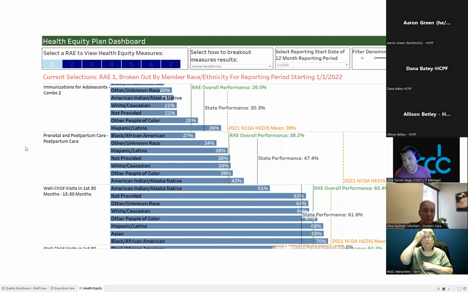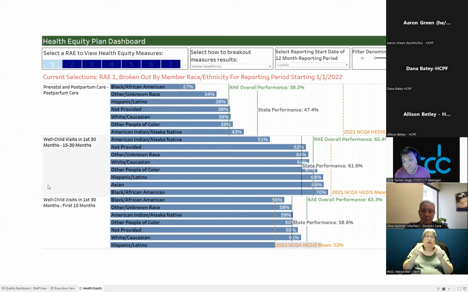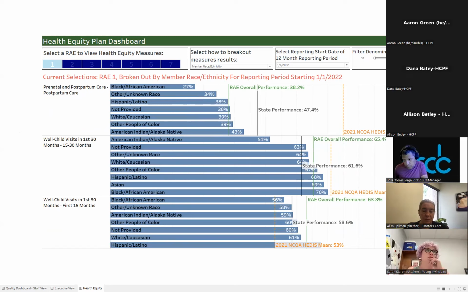We have our postpartum care measure, and then our last two on here right now are our well-child visits in the first 30 months. There are a few other measures in the health equity plan that haven't been incorporated in the dashboard yet, but that we're working on incorporating. I believe those are the COVID booster rate and screening for depression and follow-up plan.